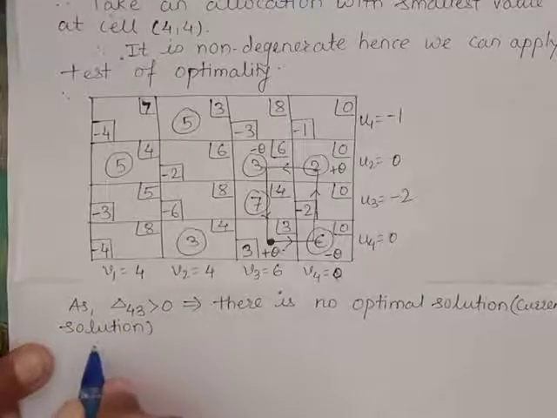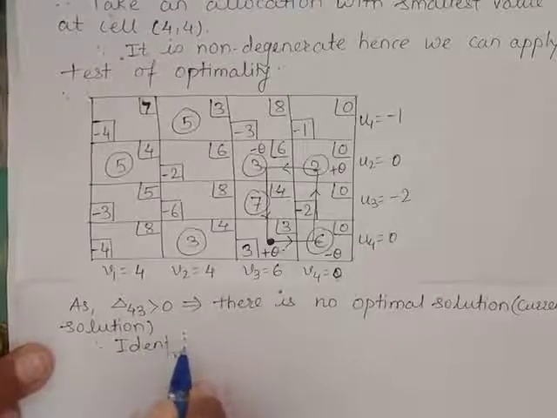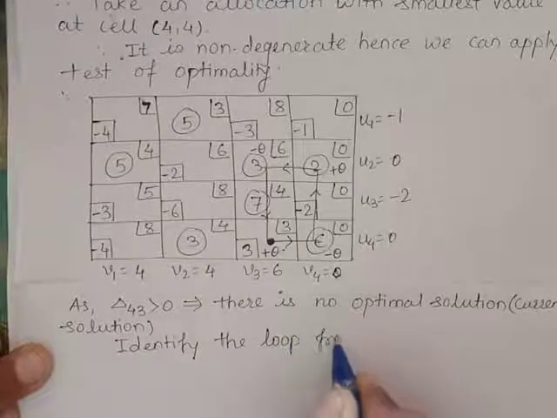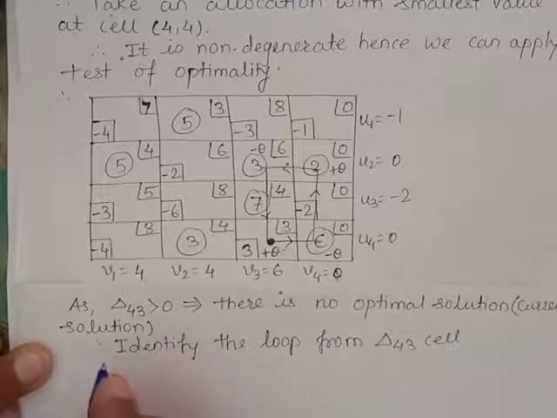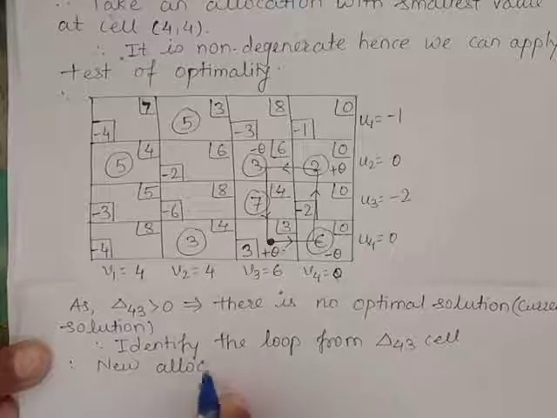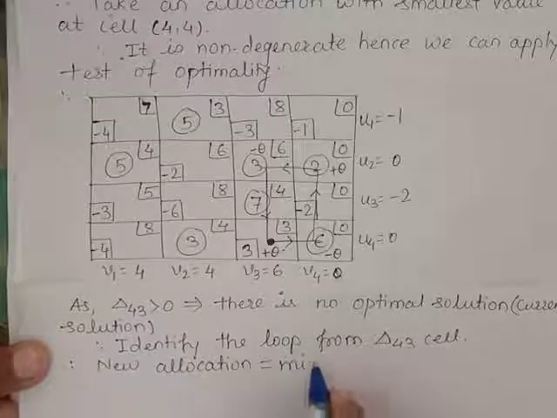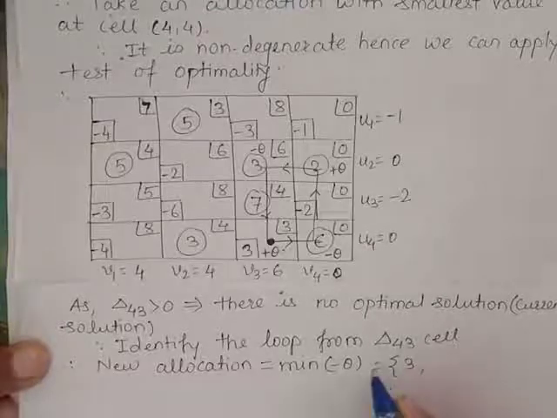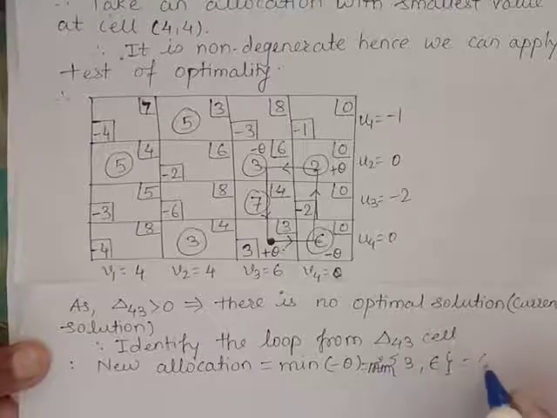Therefore, identify the loop from delta 4 3 cell. Okay, therefore new allocation is what? Minimum of minus theta, that is 3, and that is minimum of 3 and epsilon, so it will be epsilon.